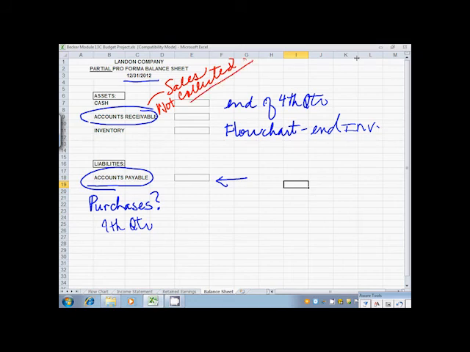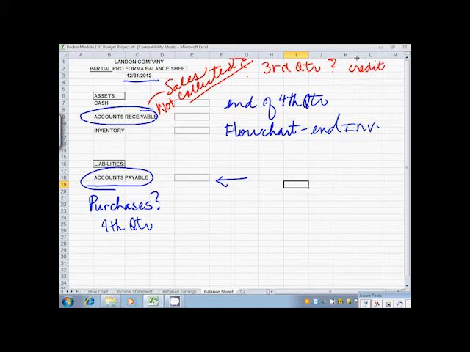And I'll give you a hint on that. You would have to go back to your third quarter and see which piece or pieces have not been collected. And remember, these were the credit parts, so you'll have to allow for that in your formula.